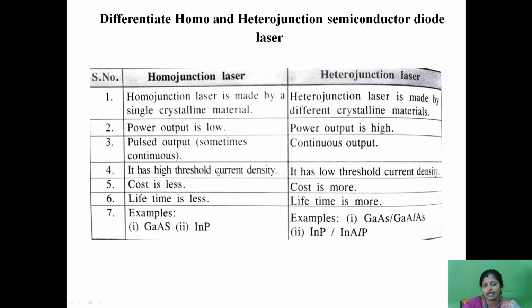Homo has high threshold current density, hetero has low threshold current density. Homo cost is less and hetero cost is more; homo lifetime is less and hetero lifetime is more. Examples of homojunction diode lasers are gallium arsenide and indium phosphide. Examples of heterojunction are gallium arsenide doped with gallium aluminum arsenide, and indium phosphide doped with indium aluminum phosphide.